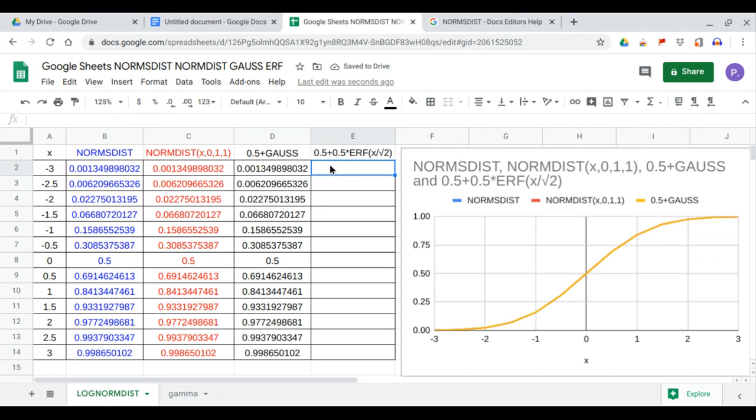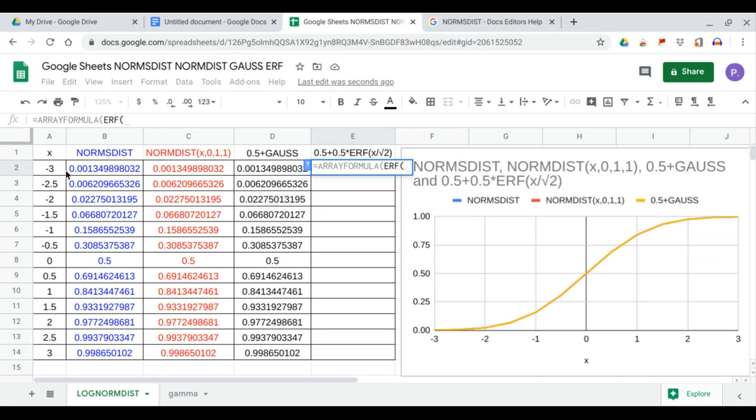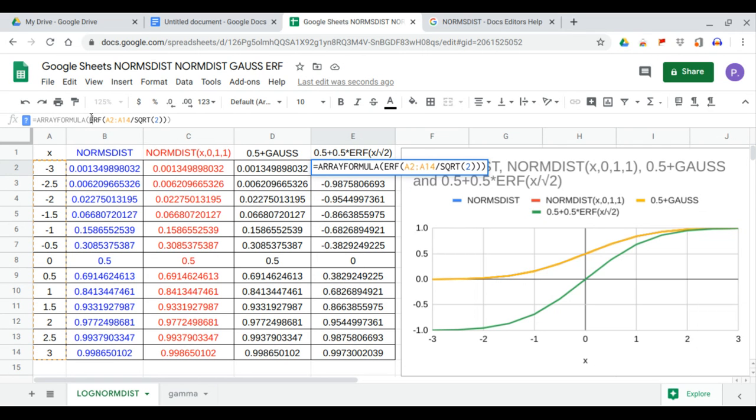We can also use ERF. Array formula, ERF of the x values. Then we factor in the square root of 2 for x, so divided by the square root of 2, and multiply ERF by 0.5.